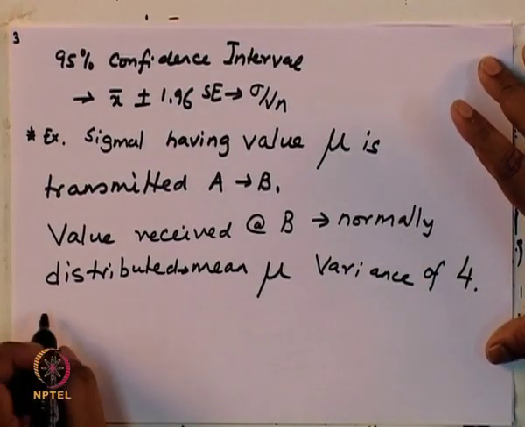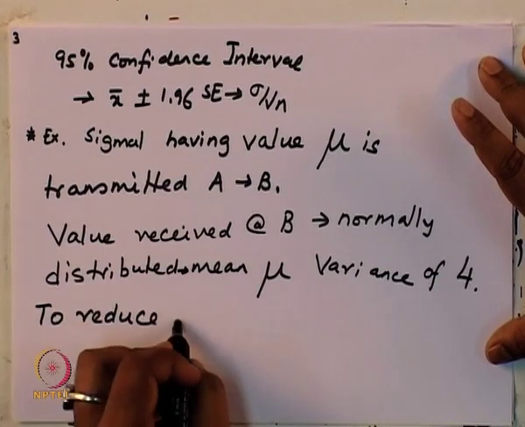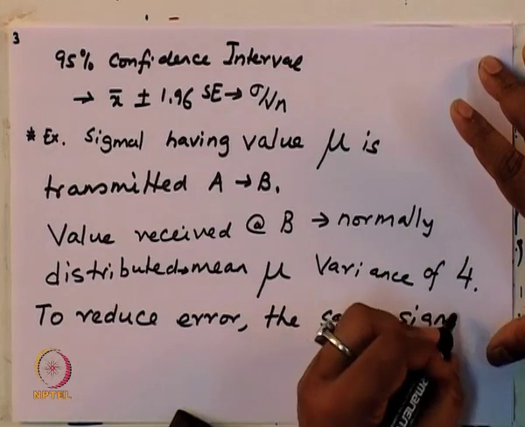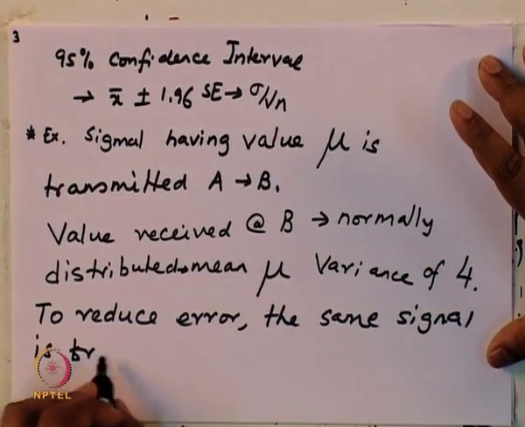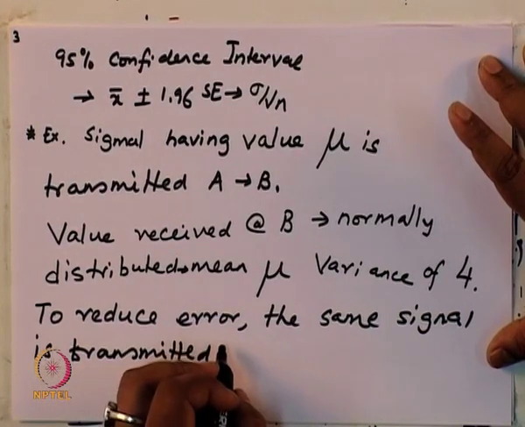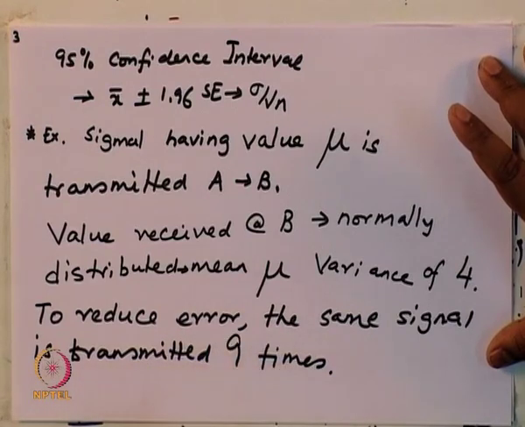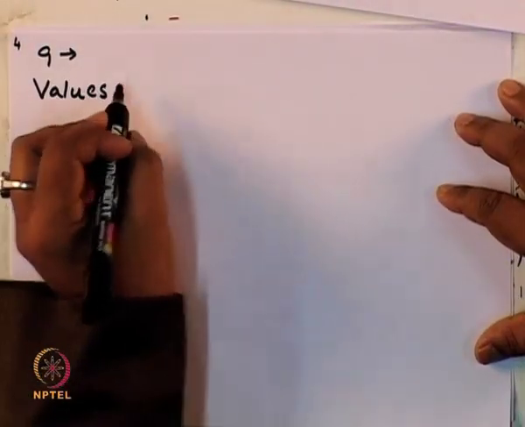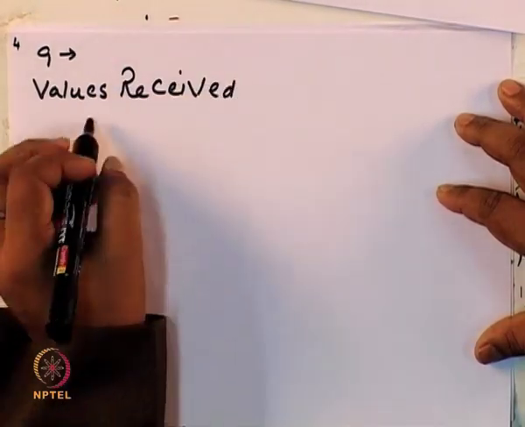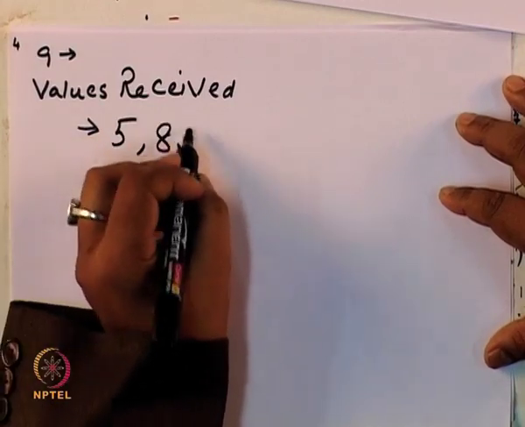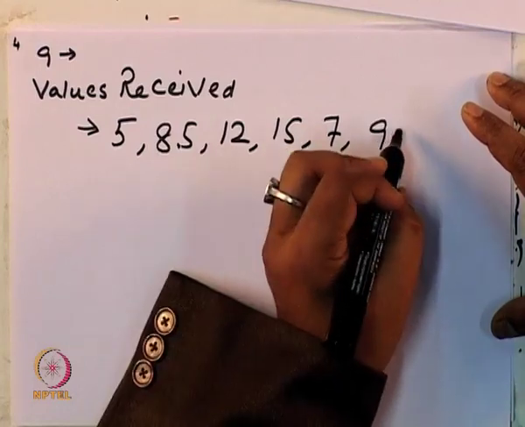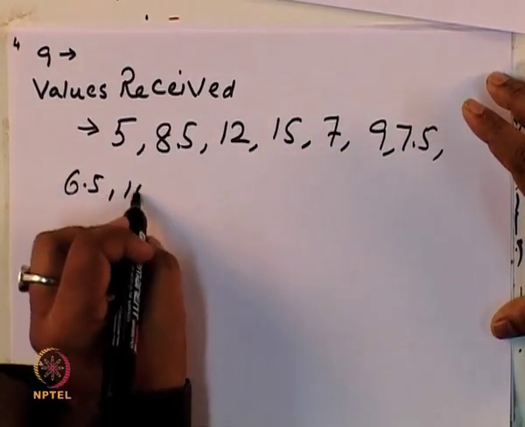So, to reduce the error, the same signal is sent or transmitted 9 times, and the values that are received are as follows: 5, 8.5, 12, 15, 7, 9, 7.5, 6.5 and 10.5.